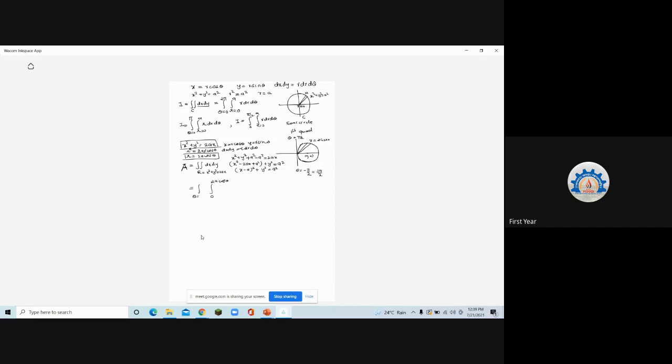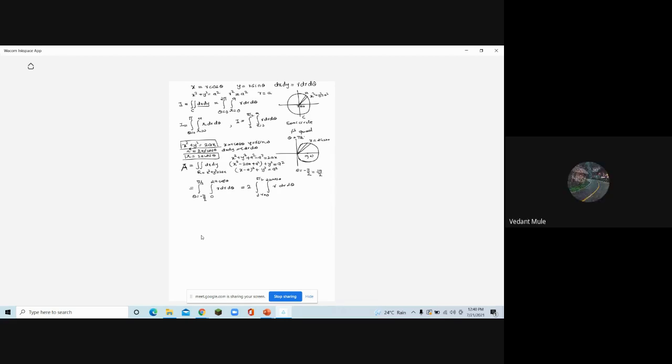And if you go in the clockwise direction, theta is pi by 2 above. So you can either take minus pi by 2 to plus pi by 2 and r dr d theta, or you can take 2 times 0 to pi by 2, r is 0 to 2a cos theta, r dr d theta by symmetry. Is this clear, everyone?